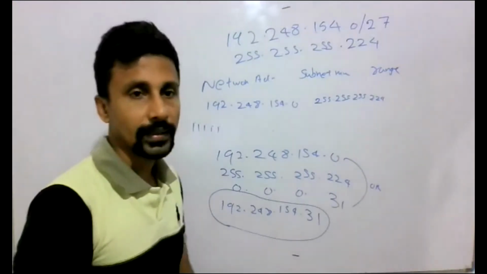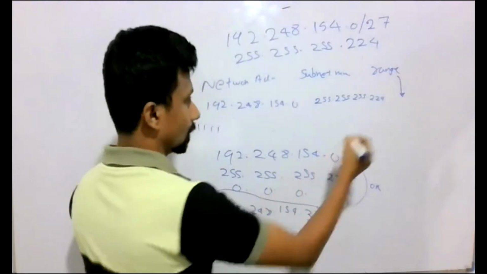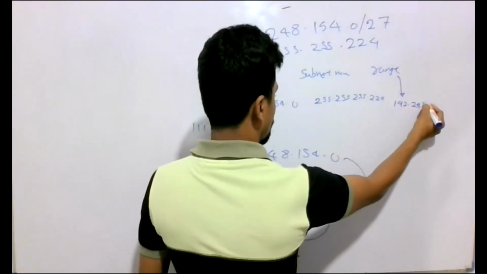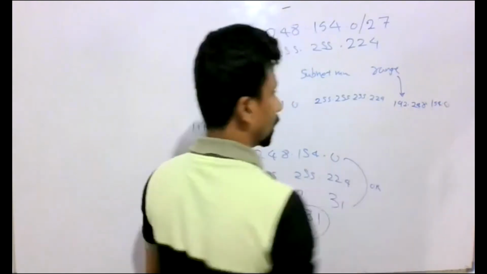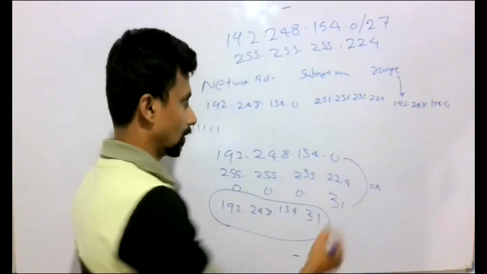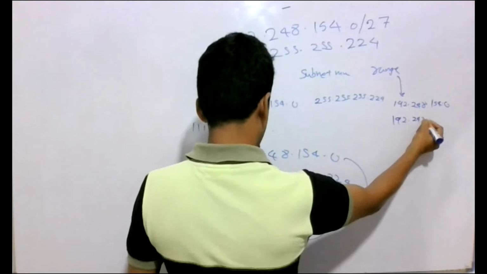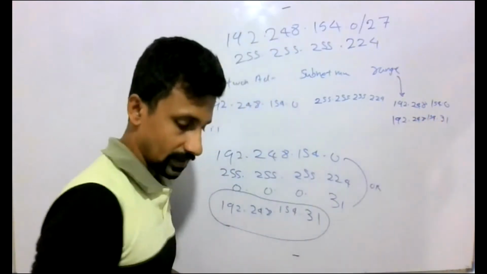So we write the range here: 192.248.154.0 to 192.248.154.31.